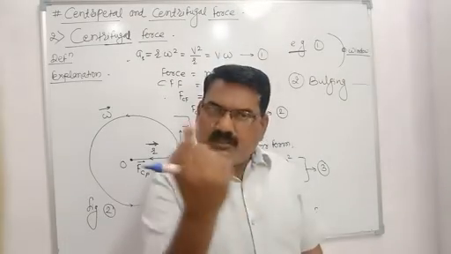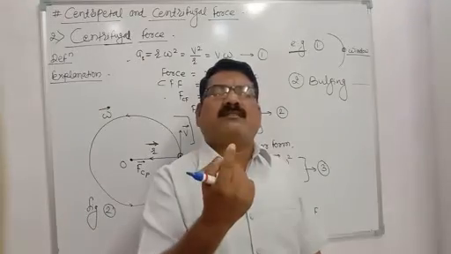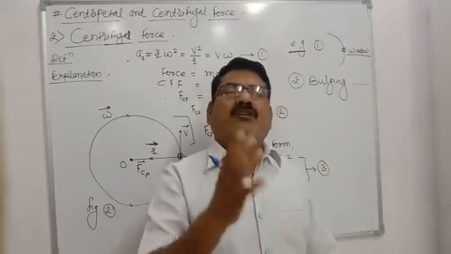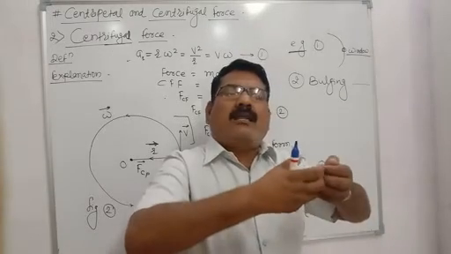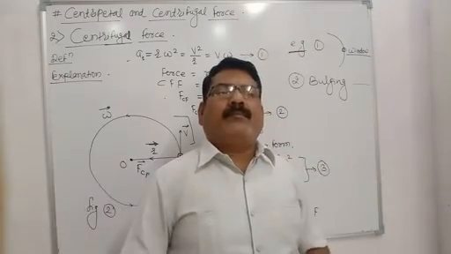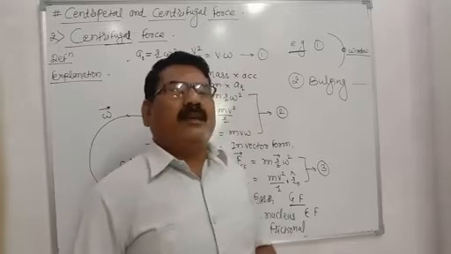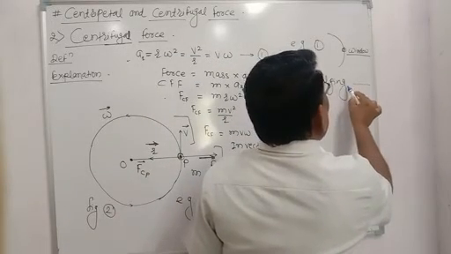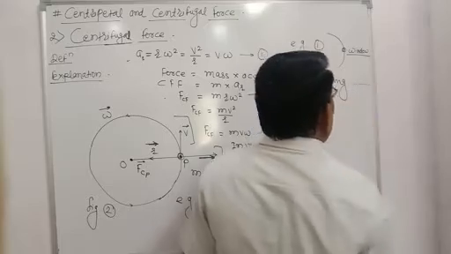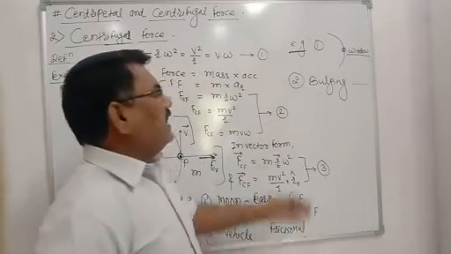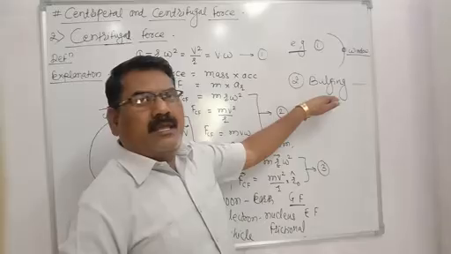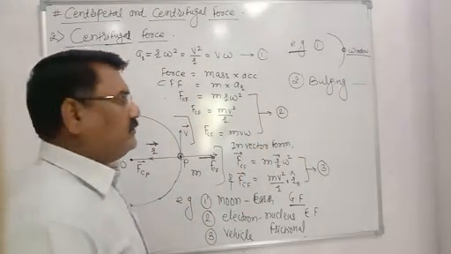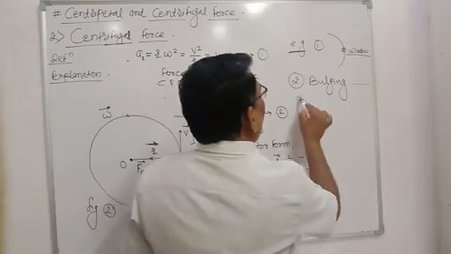When the earth rotates about its polar axis, the particles of the earth are pulled away, and in this way the earth is bulged at the equator. That bulging of the earth at the equator is due to the centrifugal force.